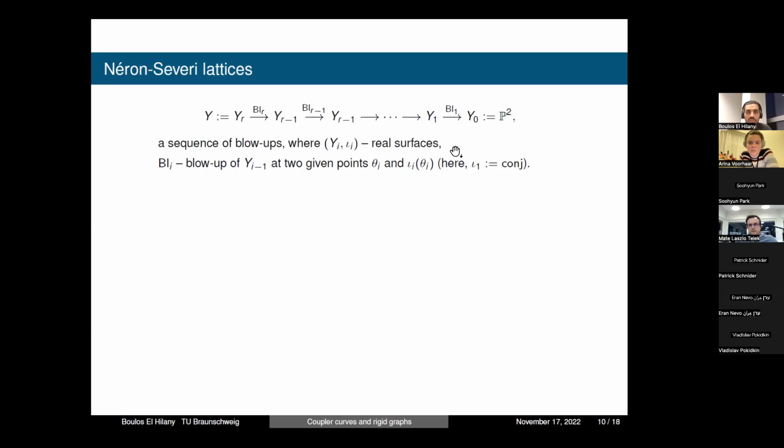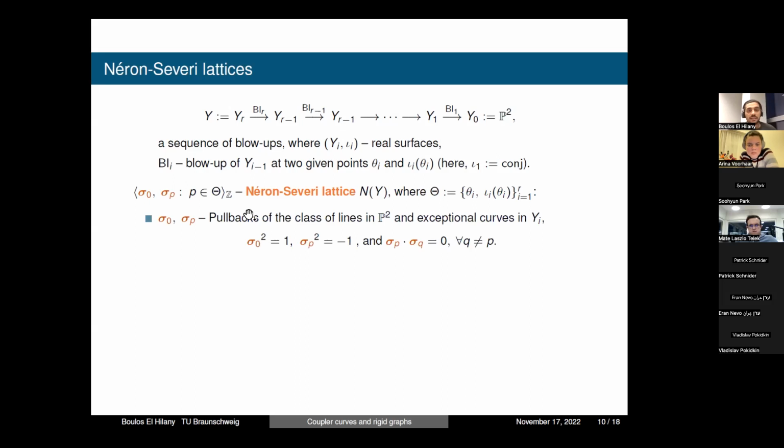Okay, so this is what I'm interested in, and it's a known fact from intersection theory that using this description of blowups, I can define a lattice. It's called the Néron-Severi lattice, spanned by the elements sigma 0 and sigma p, where the p are the points corresponding to my blowup.